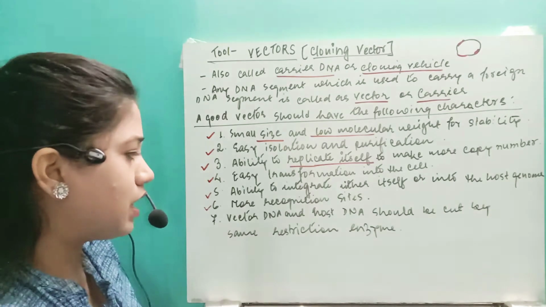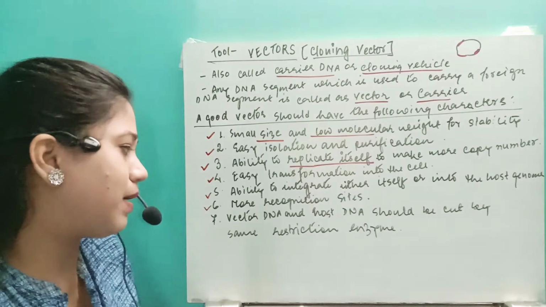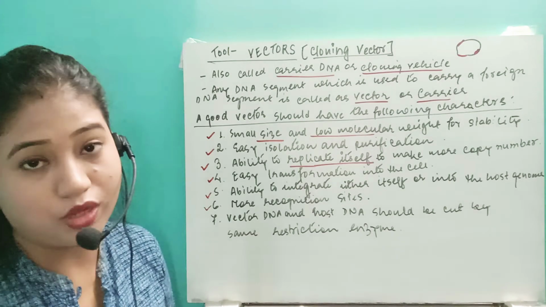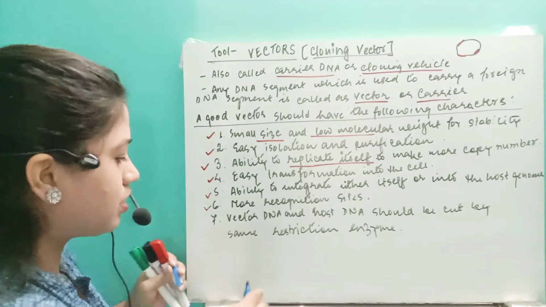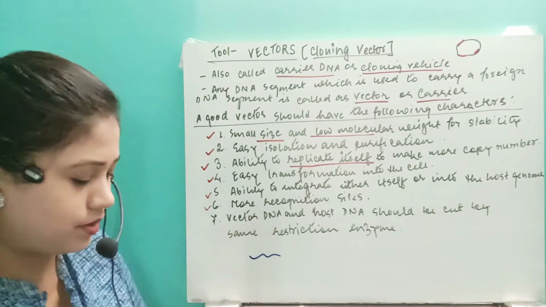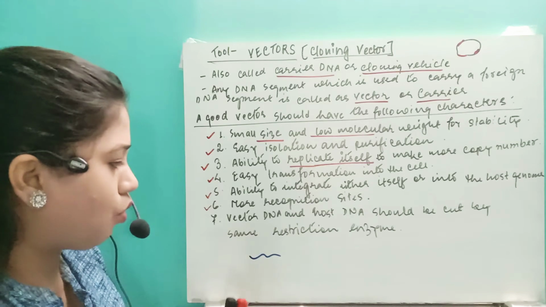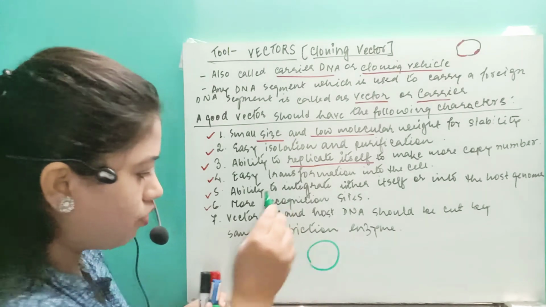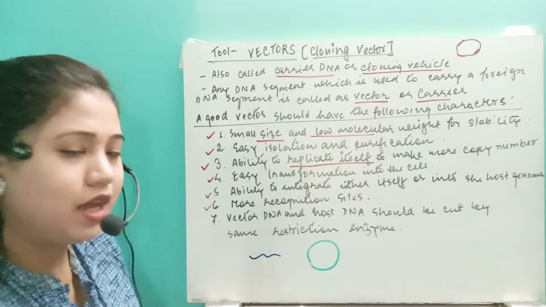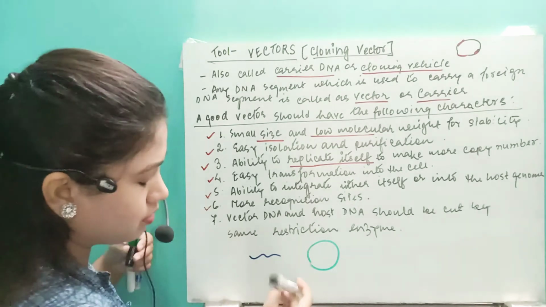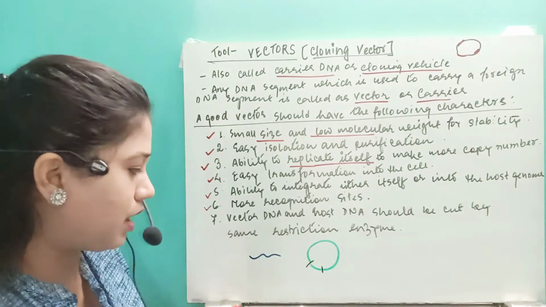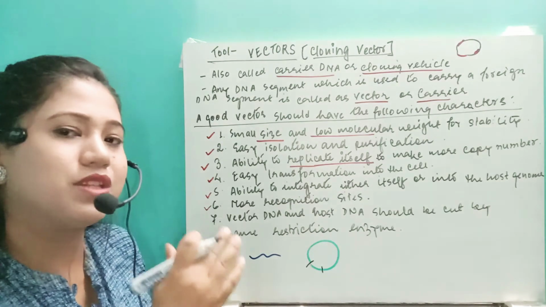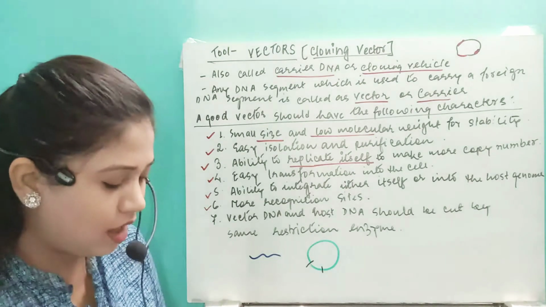Next one, the vector DNA and the host DNA should be cut by the same restriction enzyme. That is a very important thing. Suppose this is the gene fragment, right? And this is a host, right? Now into that vector we have cut in this region. They make a blunt end by, suppose, that specific restriction enzyme.